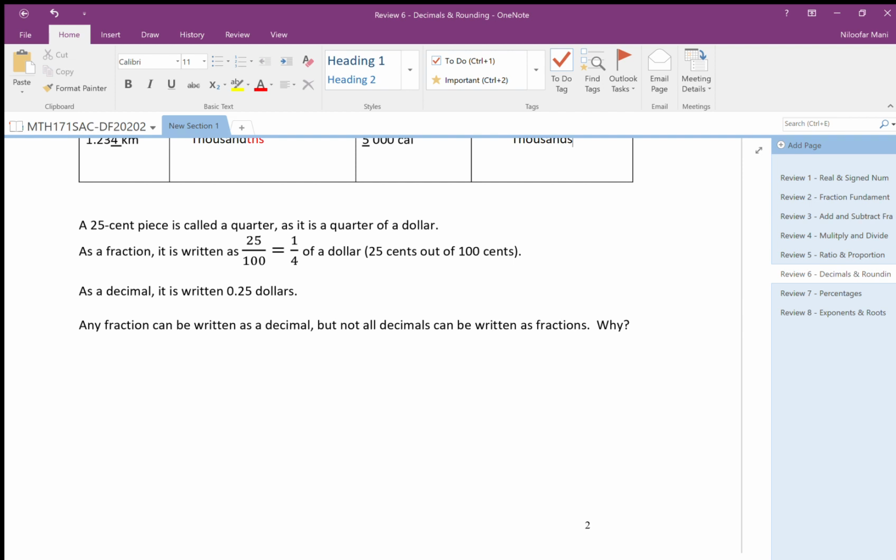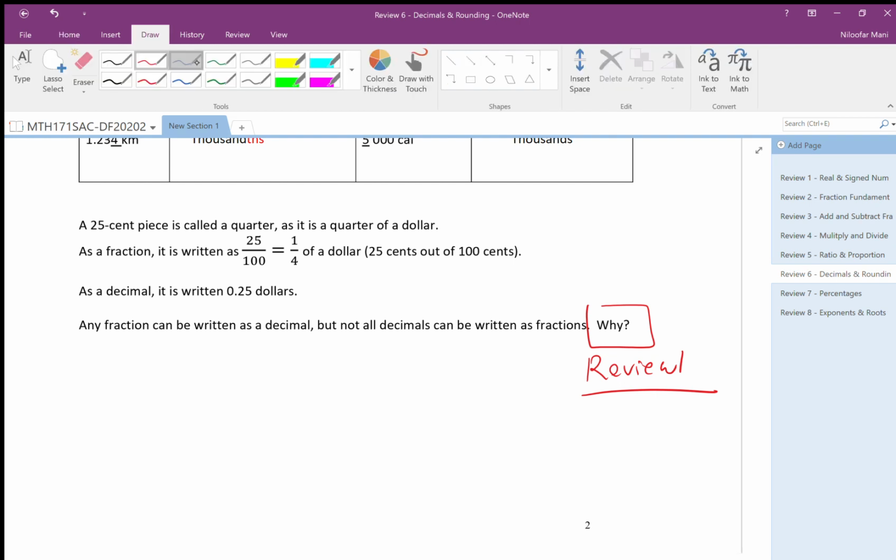Any fraction can be written as a decimal, but not all decimals can be written as a fraction. And why? Remember, this is related to review 1. In review 1, when I did number sets, I talked about rational numbers and irrational numbers.